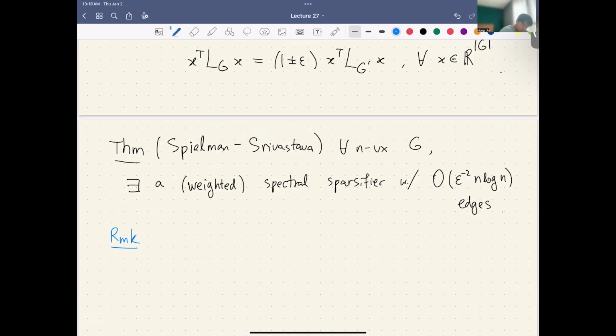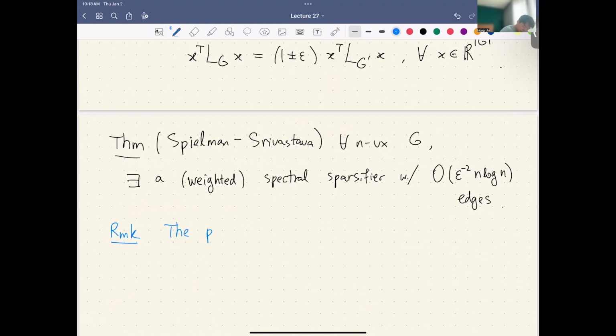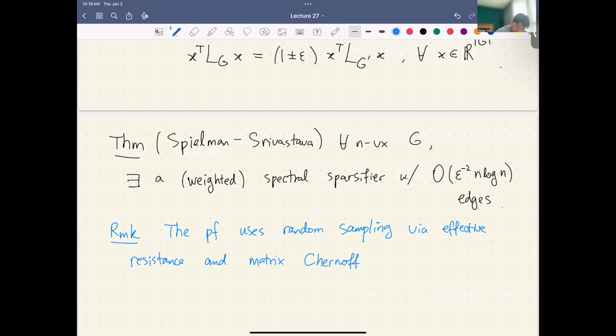So the proof uses random sampling, effective resistance, and the matrix Chernoff bound.